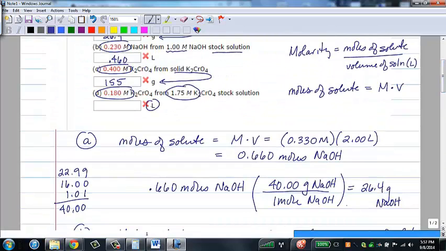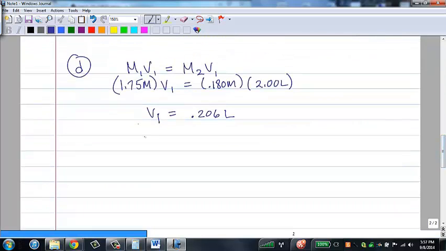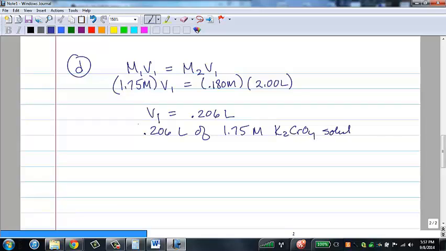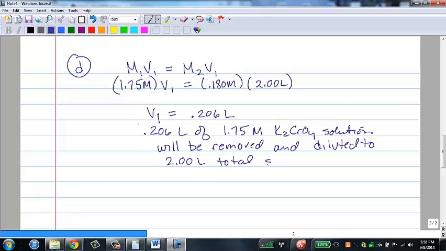So again, they want the answer in liters, so 0.206 liters. 0.206 liters of 1.75 molar K2CrO4 solution will be removed and diluted to 2 liters total solution.